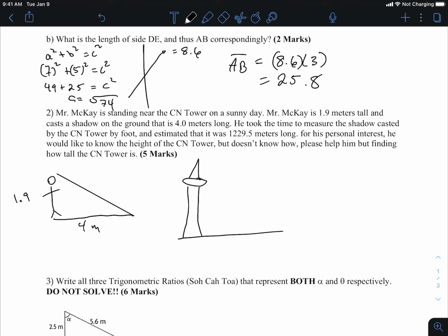Right? How long is its shadow? We don't need a lot of room, is why I'm drawing the picture so funny. How long is the CN Tower, or how long is the shadow? 1,229.5 meters.